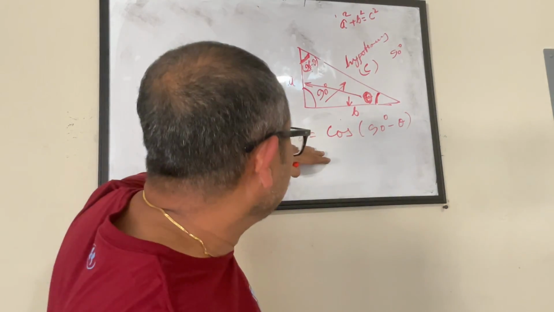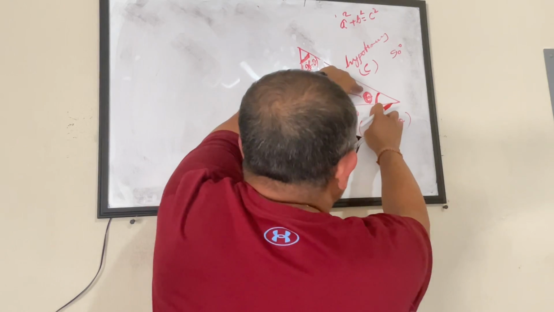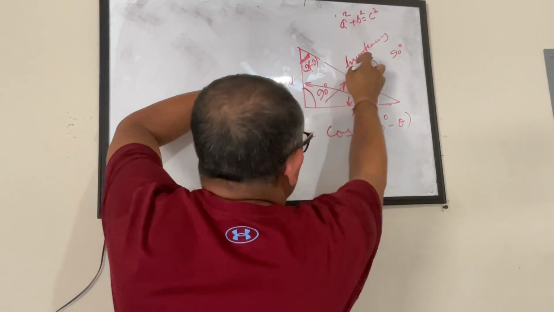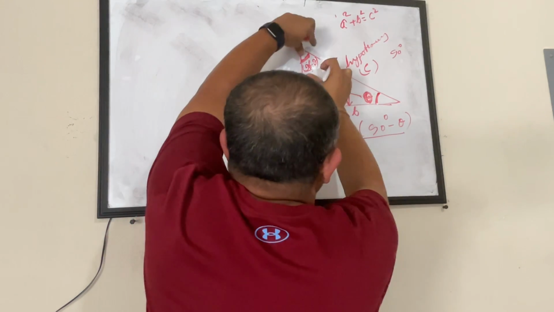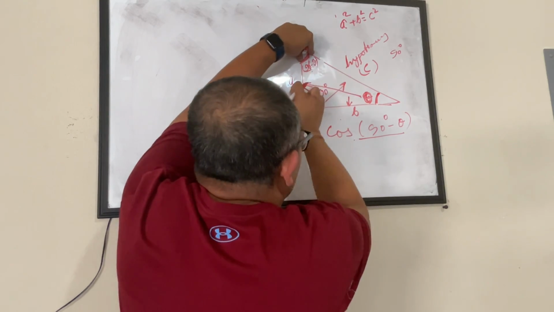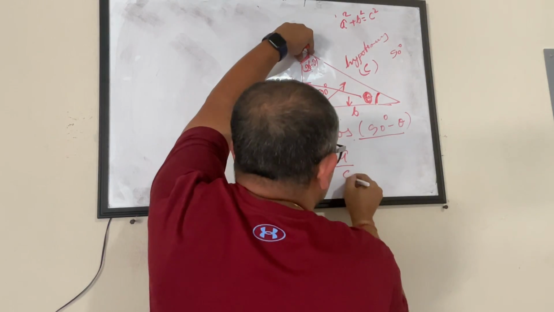Now I'm saying sine theta is equal to cos of 90 degrees minus theta. Why? Look at this angle. Sine theta is what? A by C. What is the value of cos of 90 degrees minus theta? This is my angle now, 90 degrees minus theta. Cos of this would be what? The base divided by hypotenuse. So base is A divided by hypotenuse C.